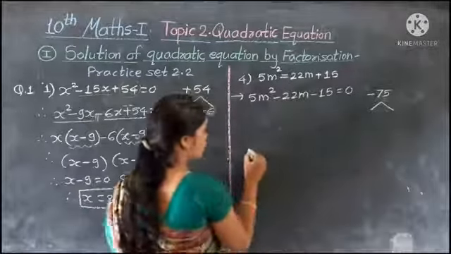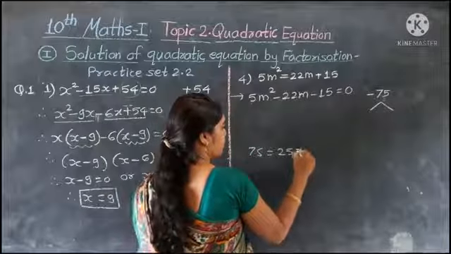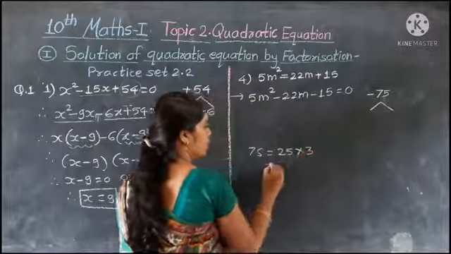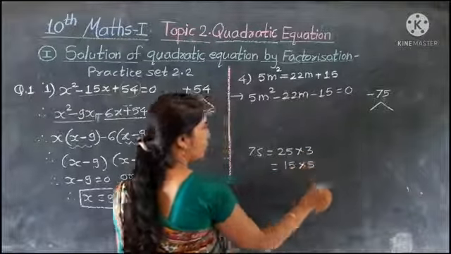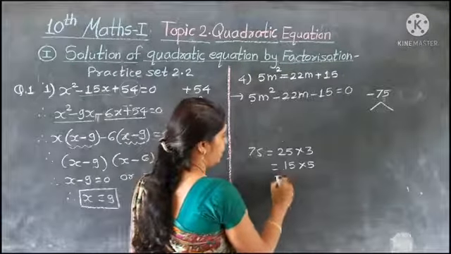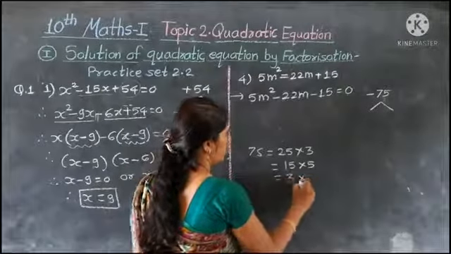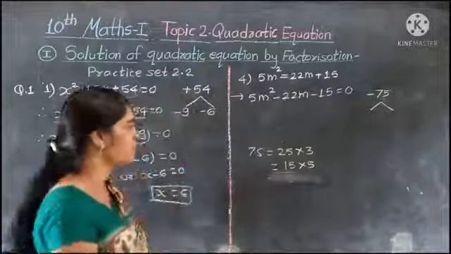So what are the factors of 75? You see, 25 into 3, 15 into 5, then again 3 into this factor is okay. These are the factors of 75.